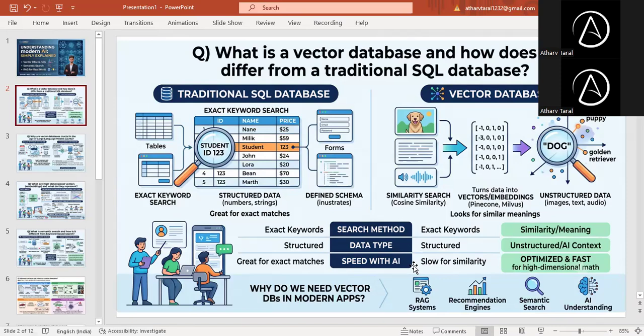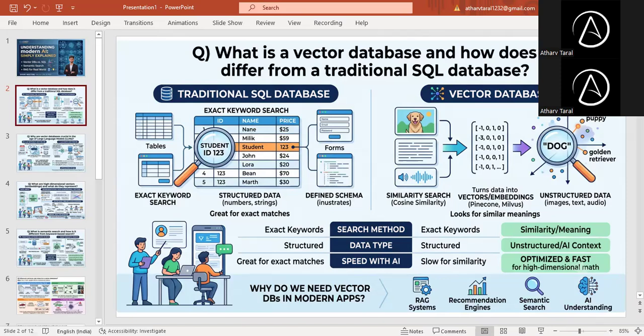For example, in a SQL database, if you search for dog, it only finds the word dog. But in a vector database, if you search for dog, it might also return puppy or golden retriever because it understands that the meaning is similar. So the main differences are, first, the search method.